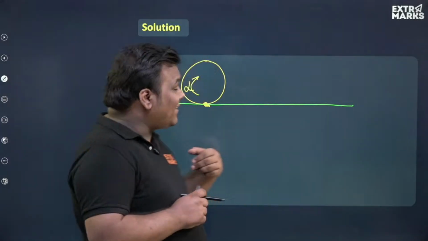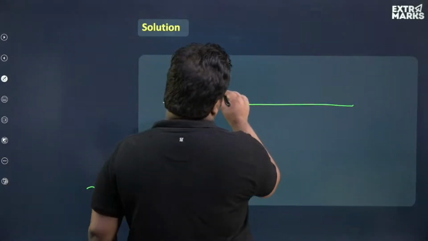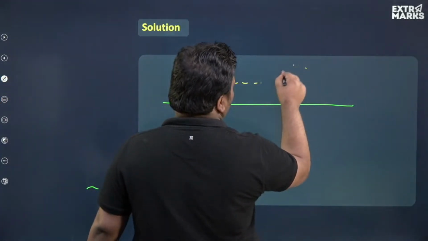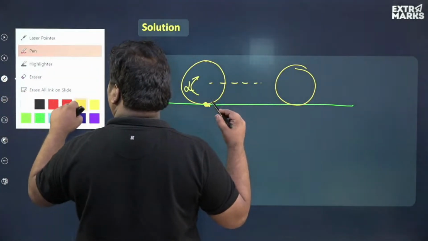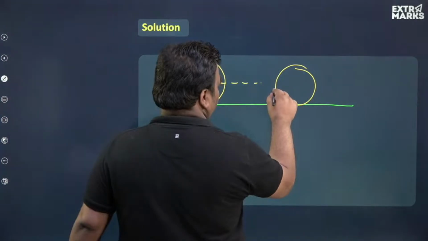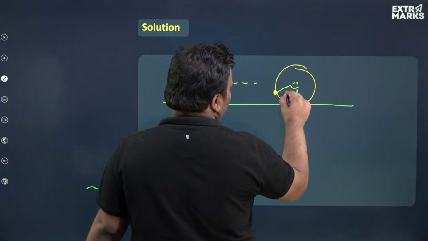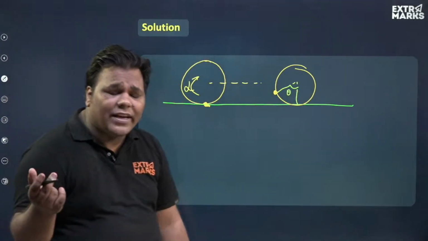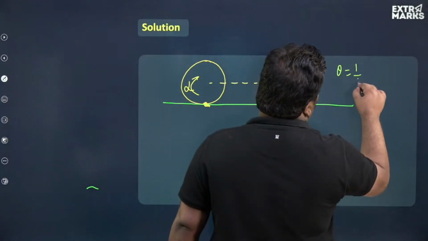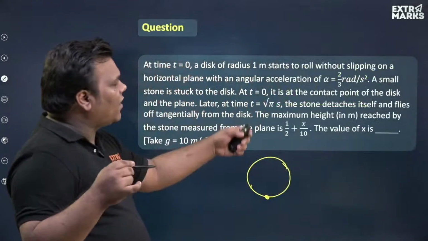Now, after t equal to root pi seconds, what will happen? This disk will be at this position, and this particle will be at this position. I just need to calculate the angle made by the particle with the vertical direction, and we can calculate it very easily. Theta is equal to half alpha t square. What is the value of alpha? 2/3.